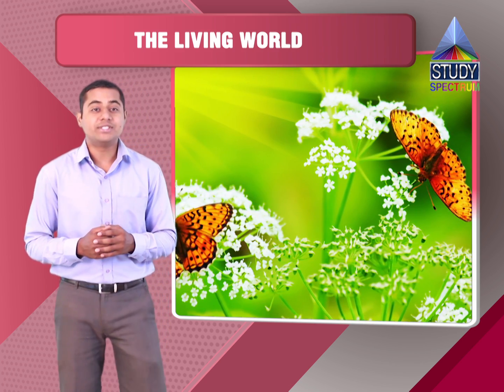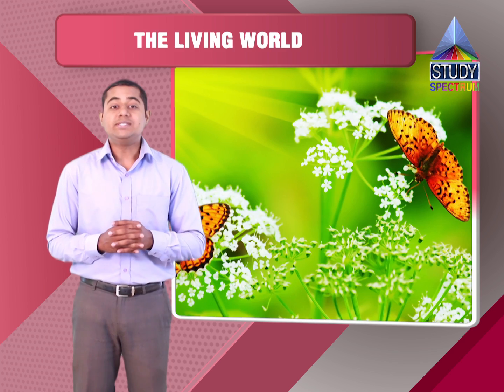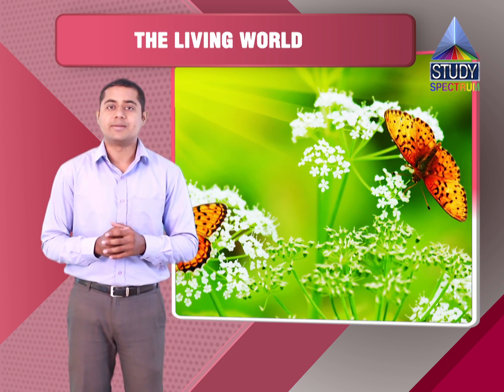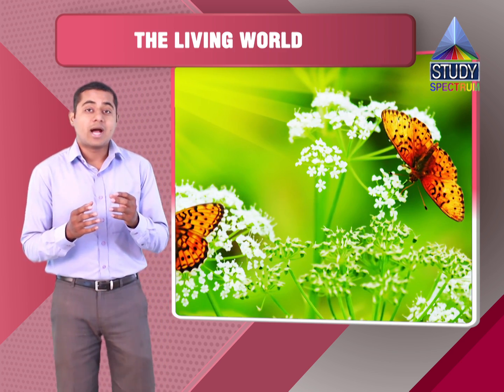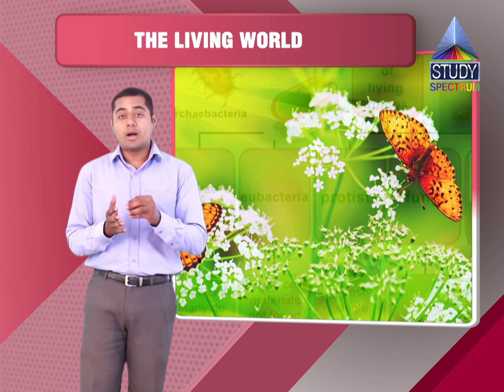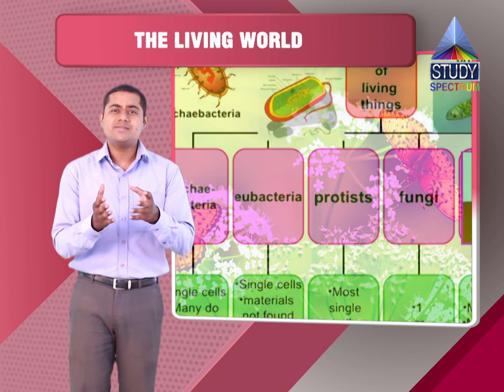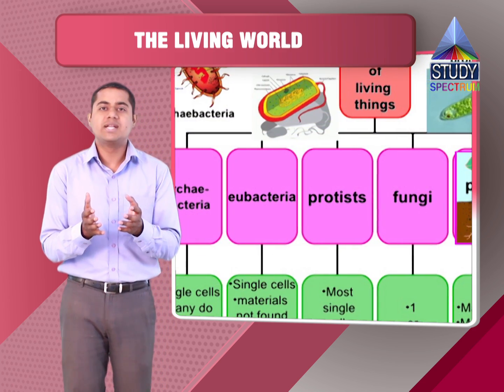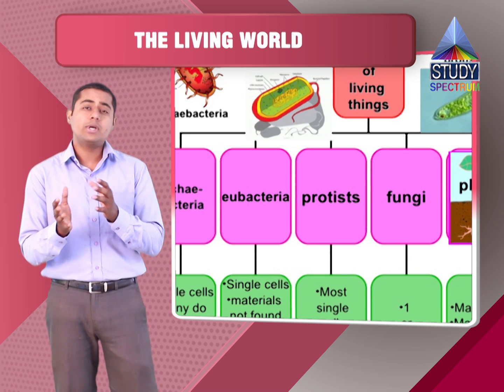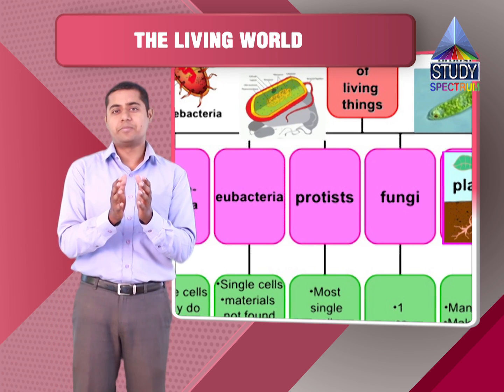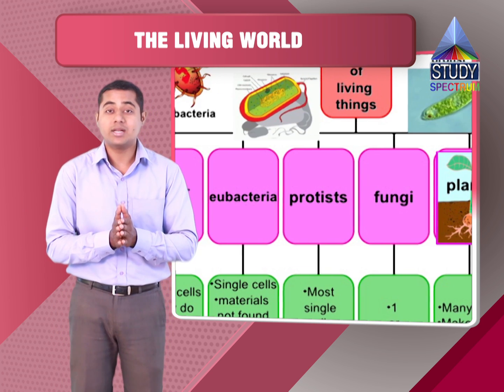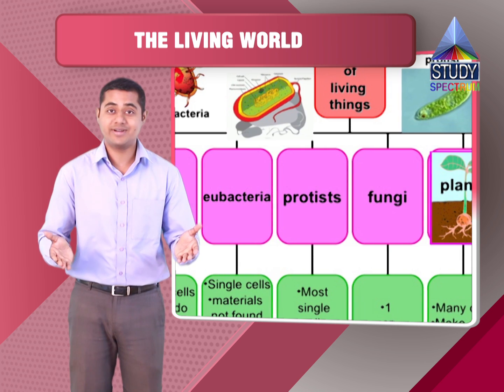Let's go to the next question. Why are the classification systems changing every now and then? I have already mentioned up till now how many species we have succeeded in recording. Somewhere around 1.7 to 1.8 million. Do you think our living world has ended over here?